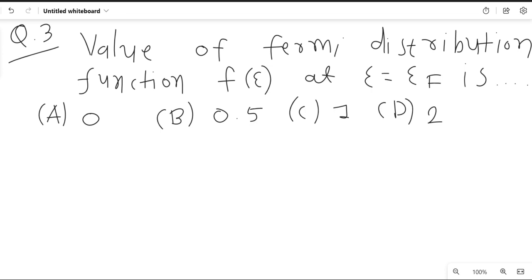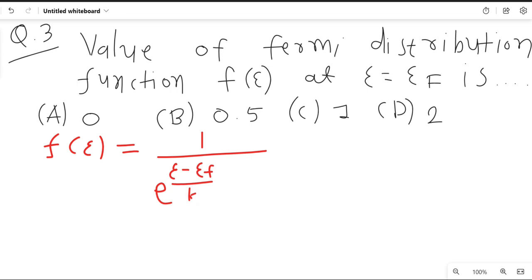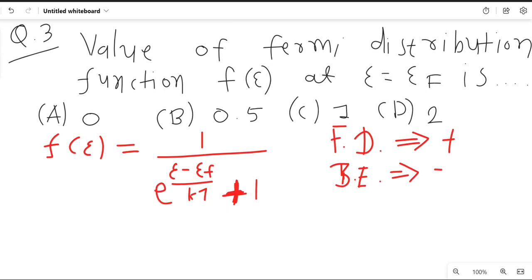You have to remember the formula of the Fermi distribution function: f of E is equal to 1 divided by exponential of (E minus EF) upon KT, plus 1. In Fermi-Dirac statistics, a plus sign comes here, and in BE statistics, that is Bose-Einstein statistics, it will be minus.